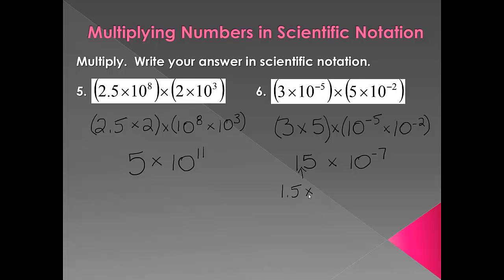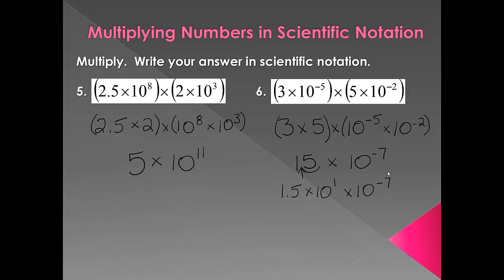And then that would be times 10, and I would have moved my decimal over 1 place, so it would be times 10 to the 1st power. My 1 is going to be positive because my original number was greater than 1. And now I still have times 10 to the negative 7th power.